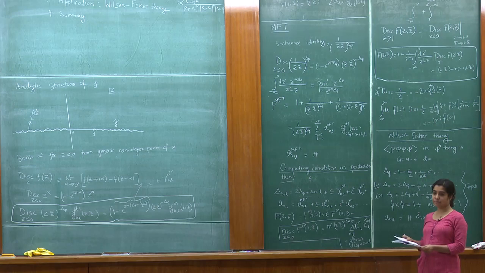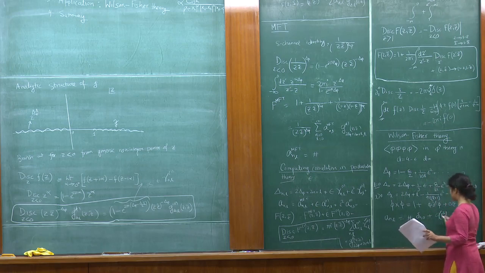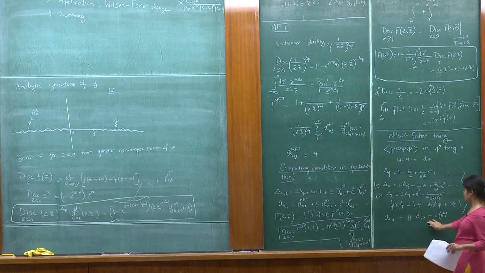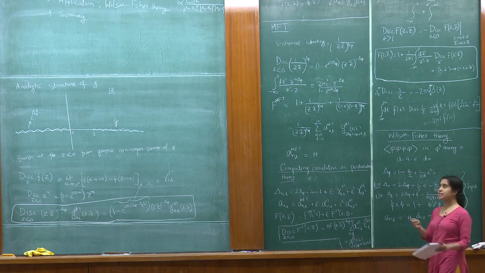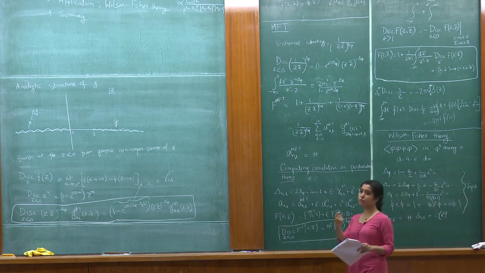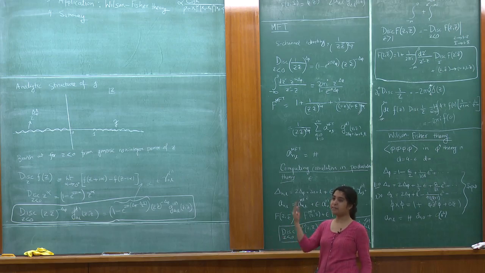You need to know up to order epsilon. The point is, it depends on at which order of the correlator you are computing. If you are computing the order epsilon correlator, then you need the anomalous dimension of that order and OPE coefficients of all the previous orders.